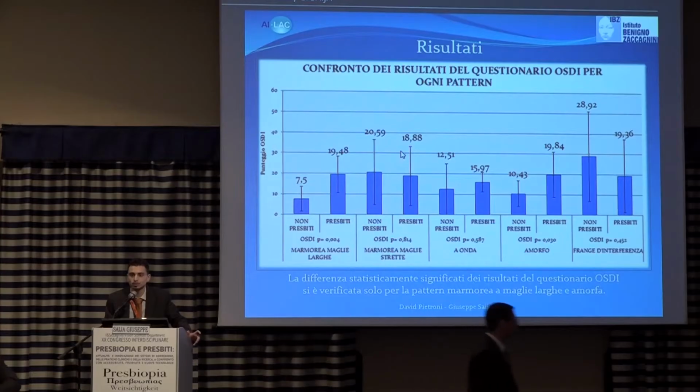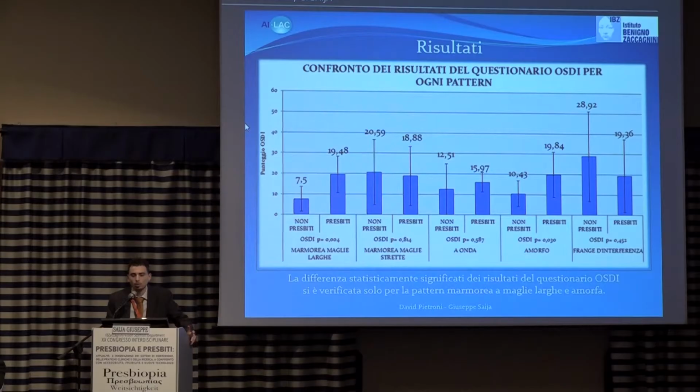We have compared the results of the OSDI questionnaire depending on the patterns. The score variation was significant only in 2 cases, the amorphous pattern and the marble-like large link pattern.